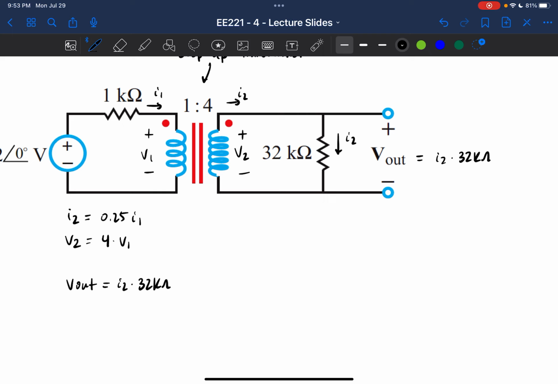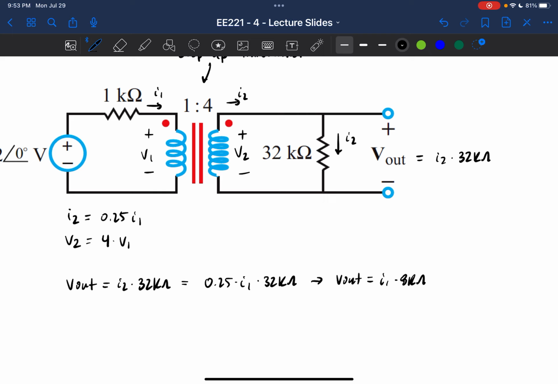Well, we also have an expression already for I2 in terms of I1. So we could write equivalently that that's equal to 0.25 times I1 times 32 kilo ohms. And so then that gives me V out is equal to I1 times 8 kilo ohms. Okay, so we've got an expression for V out and I1.